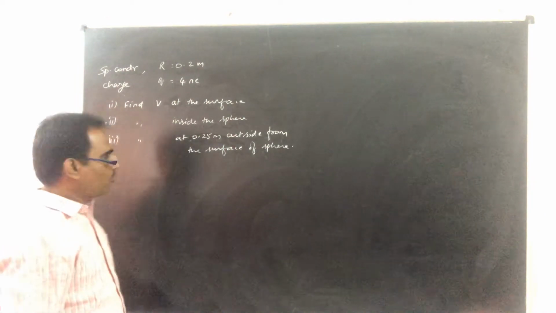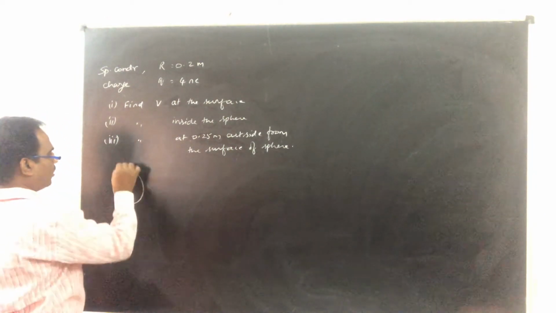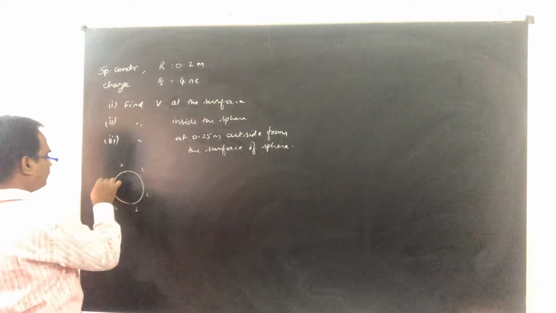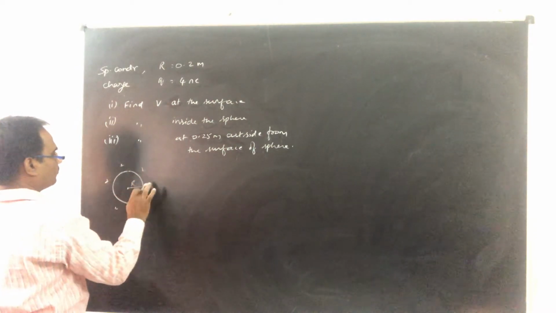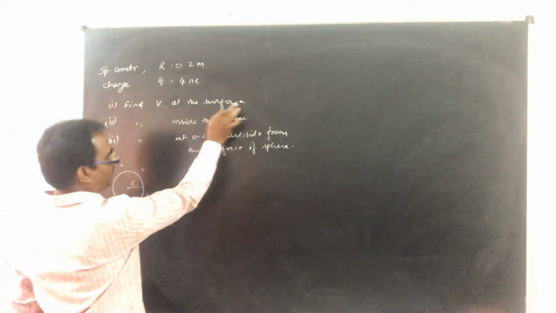This is a conceptual problem. This is the sphere and this is its radius. You are asked to find the potential at the surface.